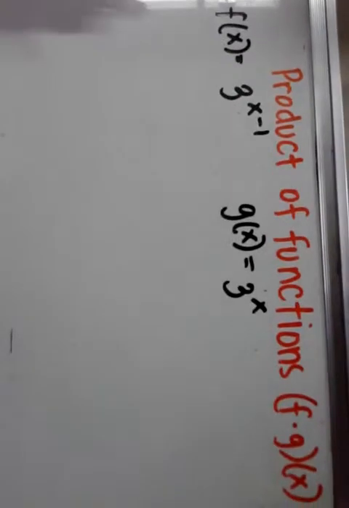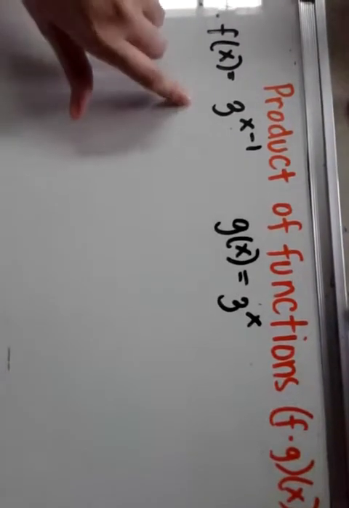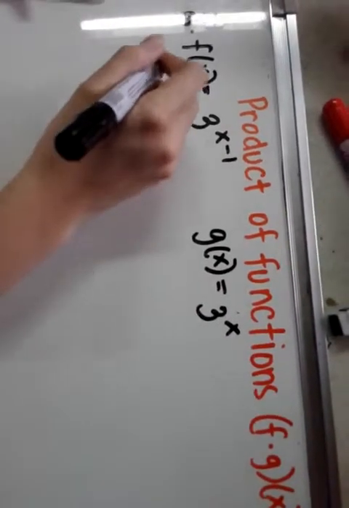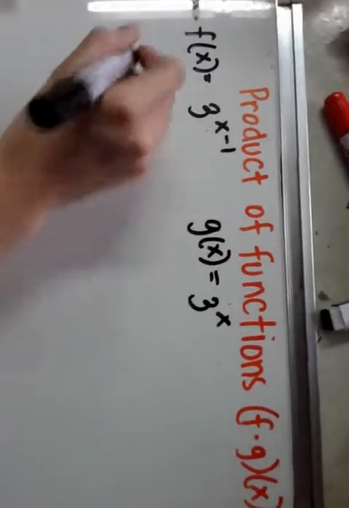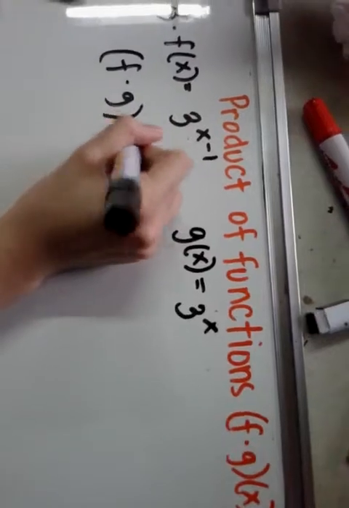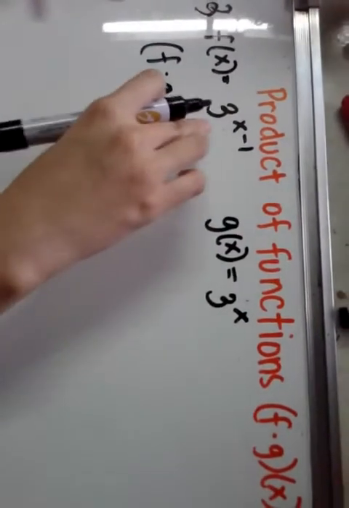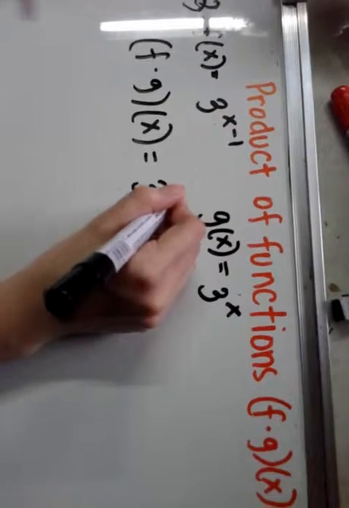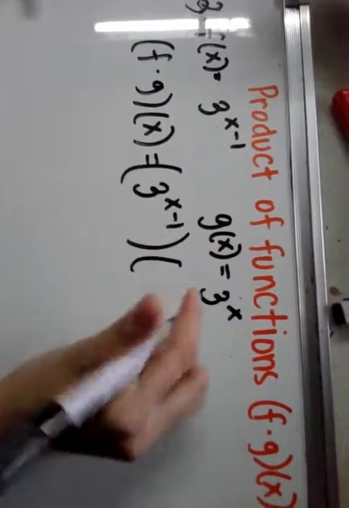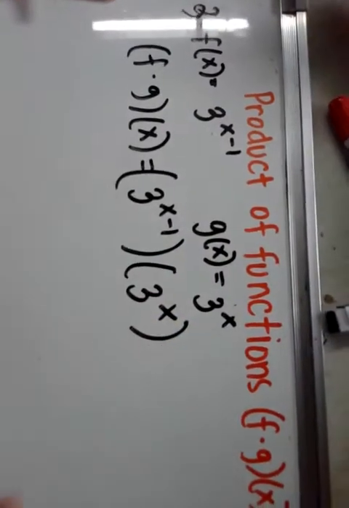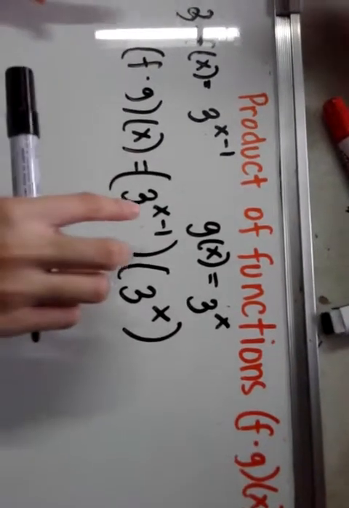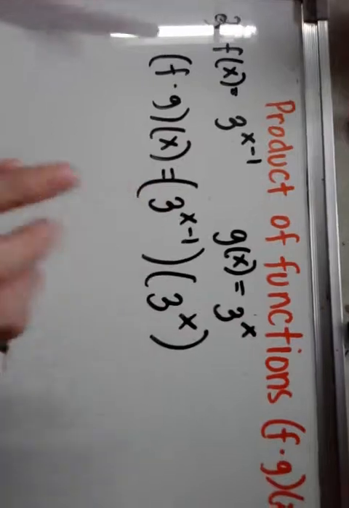So now, in our third example, f of x is equal to 3 to the power of x minus 1 and g of x is equal to 3 to the power of x. So first again, copy the formula. f times g of x is equal to, copy the f function which is 3 to the power of x minus 1 multiplied by g function which is 3 to the power of x. So according to the law of exponents, if they have the same base, copy the base and add the exponents.